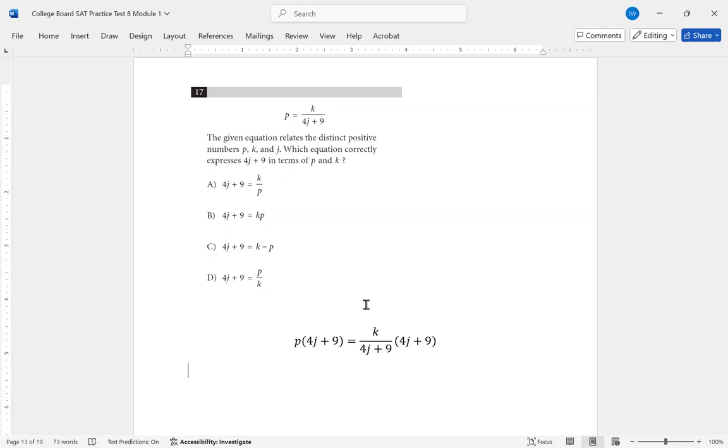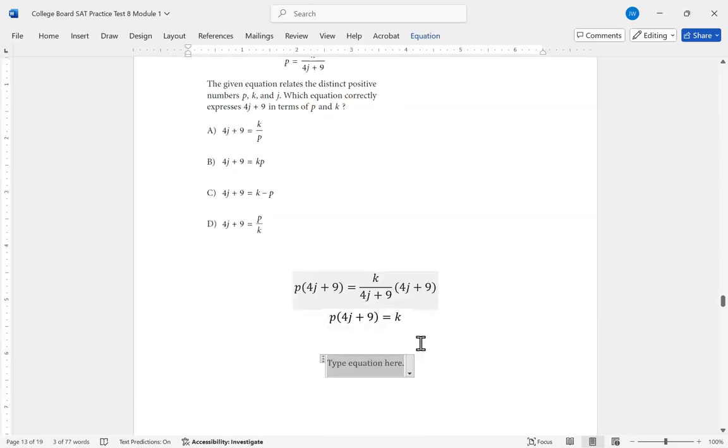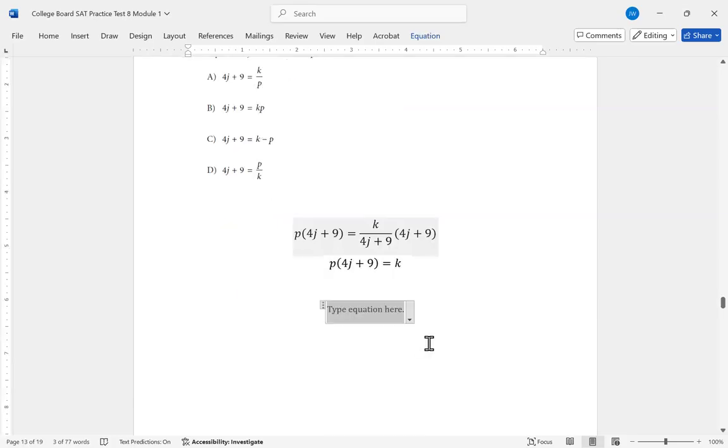Once we do that, the denominator and the 4J plus 9 that we're multiplying by will cancel out on the right-hand side, and we'll be left with P times the quantity 4J plus 9 is equal to just K on the right-hand side. Dividing both sides by P, I would end up with just 4J plus 9 on the left equal to K divided by P on the right. So this is one way to do it.